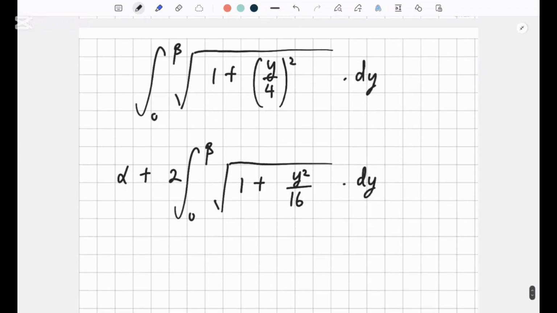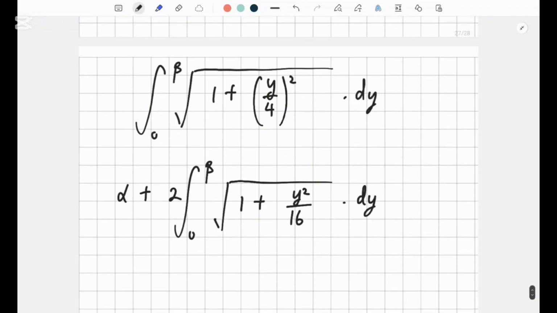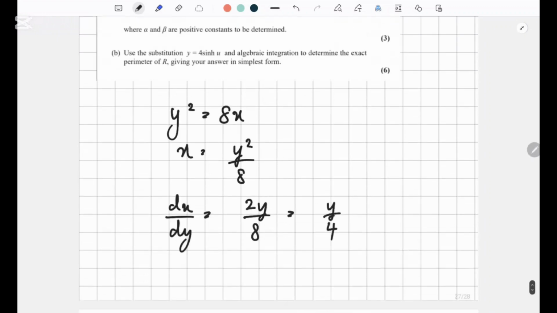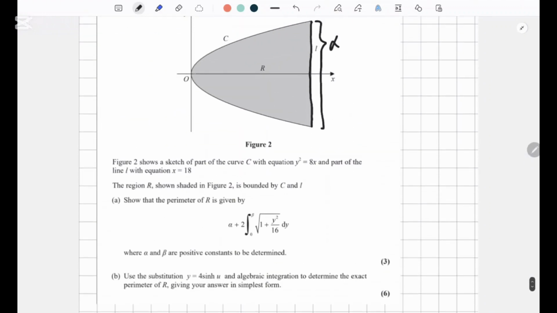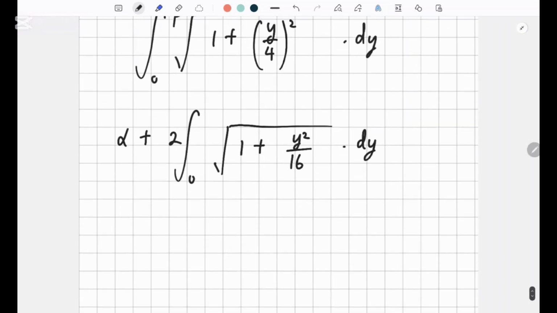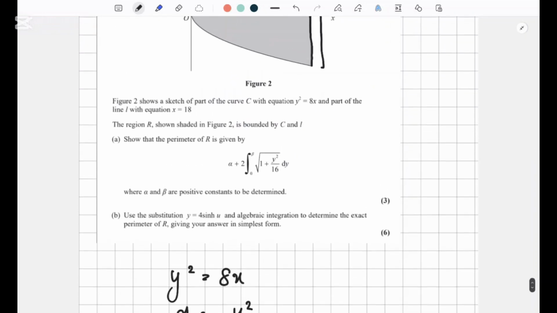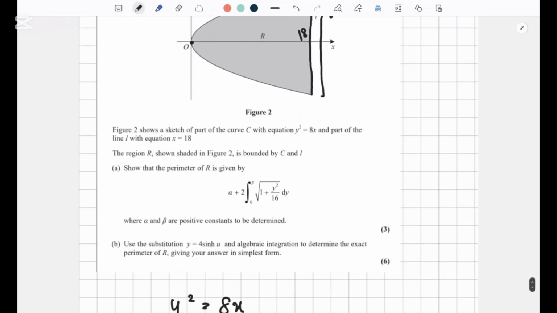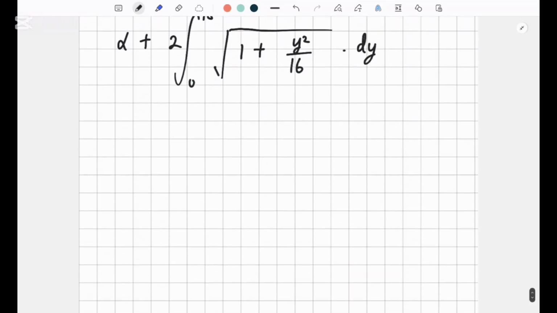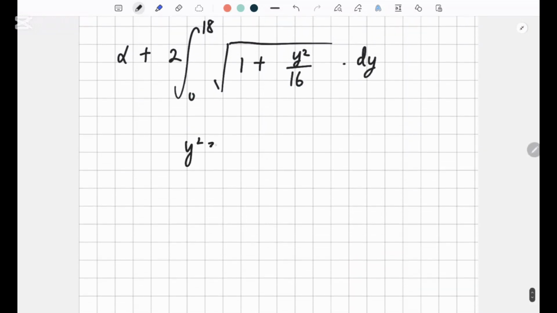We actually can find it. We can find beta first. The interval is going to be from 0 to here, so that's 18, x equals 18. So 0 to 18. To find alpha, you have y squared equals 8x and x equals 18.